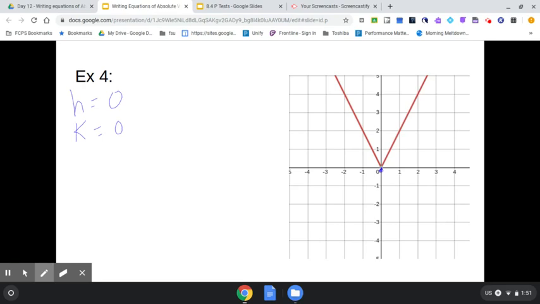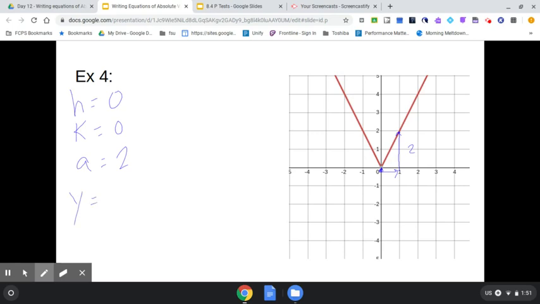If we move right 1 unit, notice that I have to move up 2 units to get to that intersection on the graph. So this one has an A value of 2. The graph is being stretched vertically by a factor of 2.